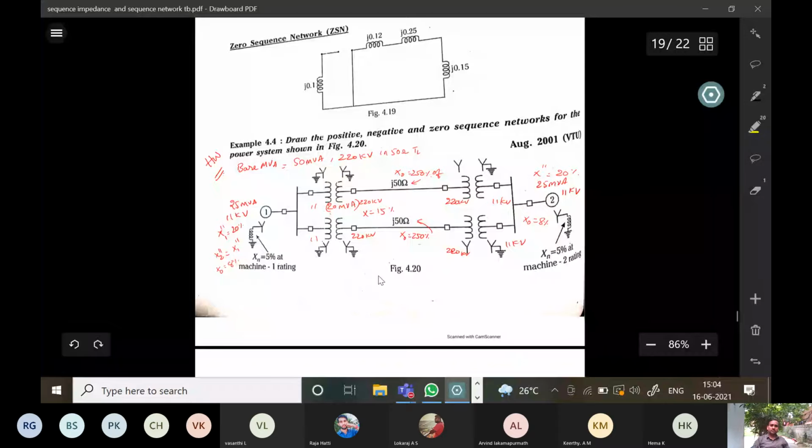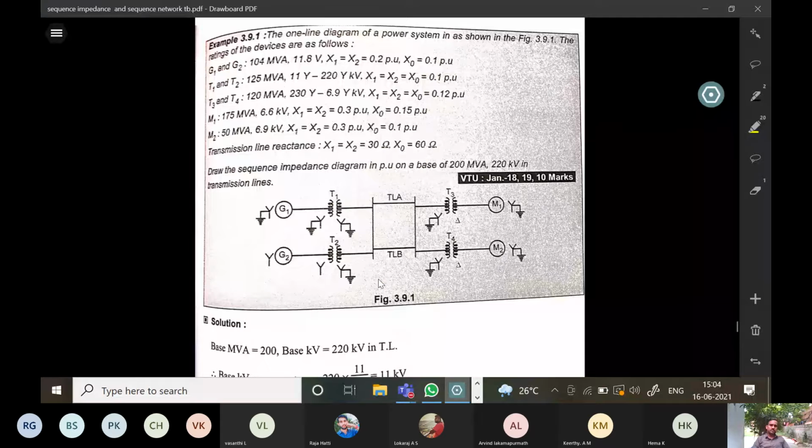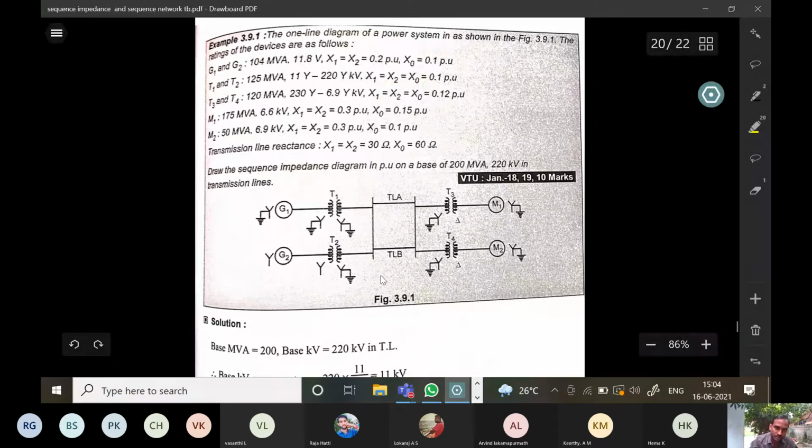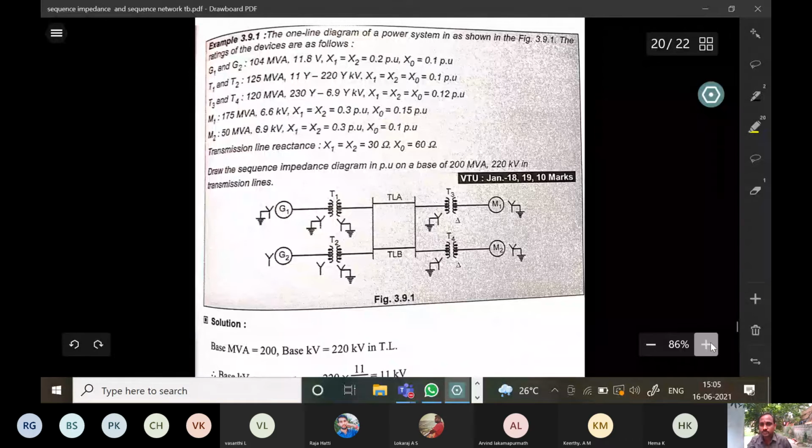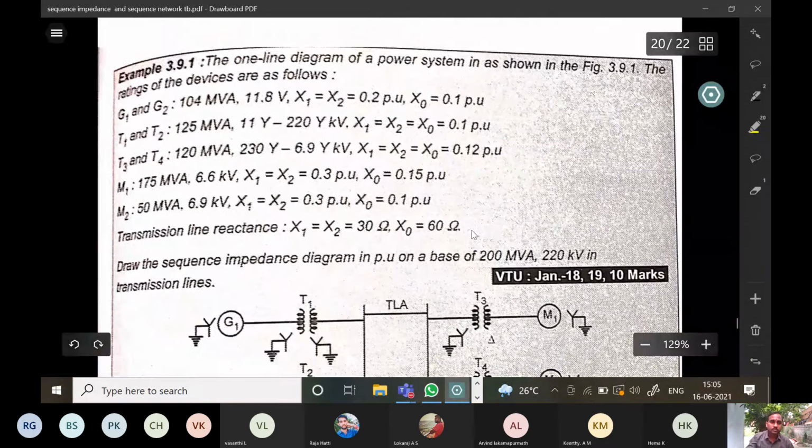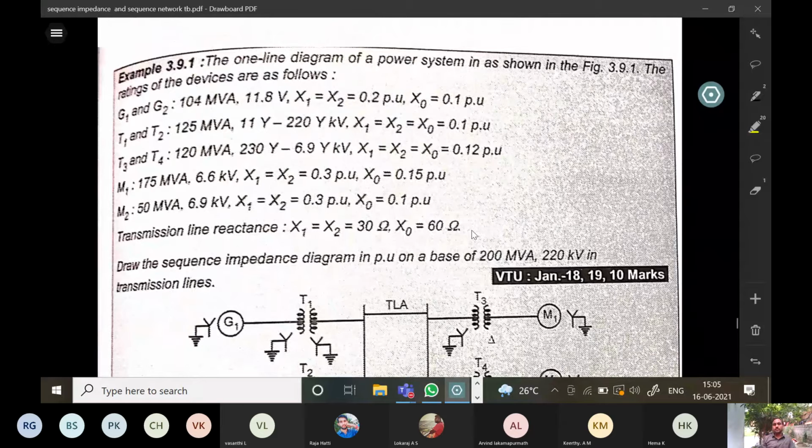The one line diagram of a power system is shown in the figure. The ratings of the devices are as follows. Generator 1 and generator 2: 104 MVA, 11.8 kV, X1 equal to X2 equal to 0.2 per unit, X0 equal to 0.1 per unit.